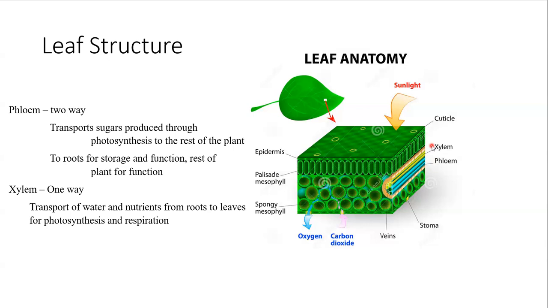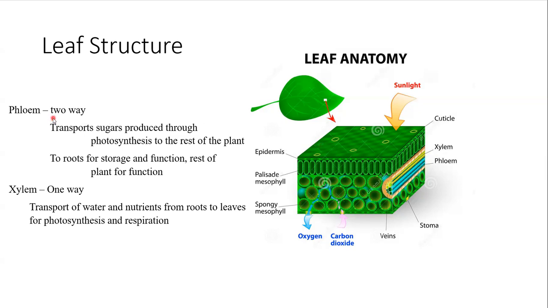So those veins that go through the leaves that a lot of times we can see with our naked eye without any magnification, we can see those veins, okay? So those veins, the veins themselves have both xylem and phloem that run through them, okay?